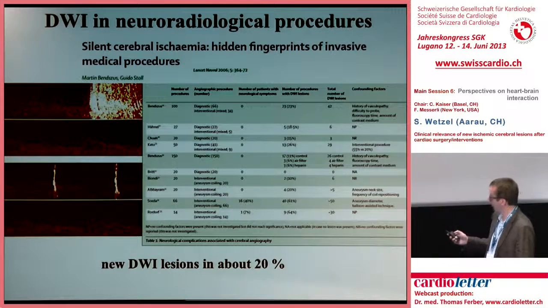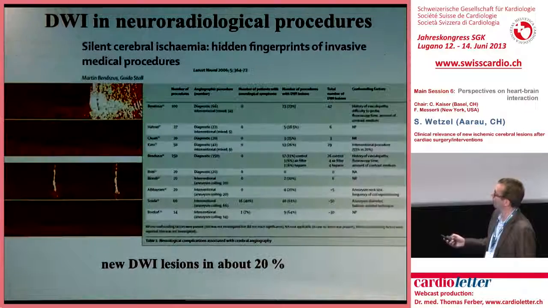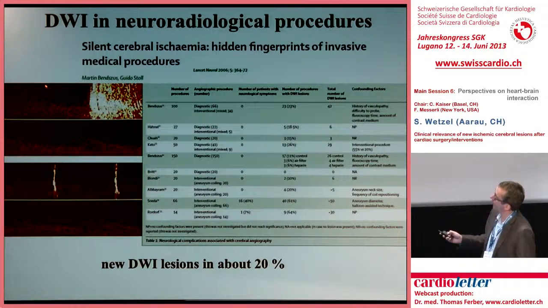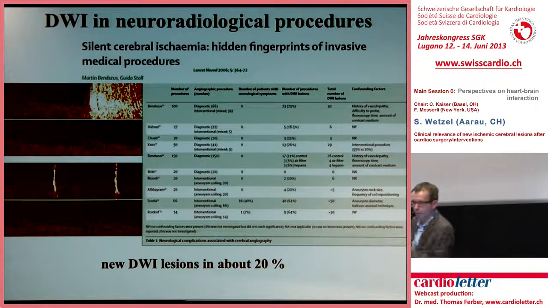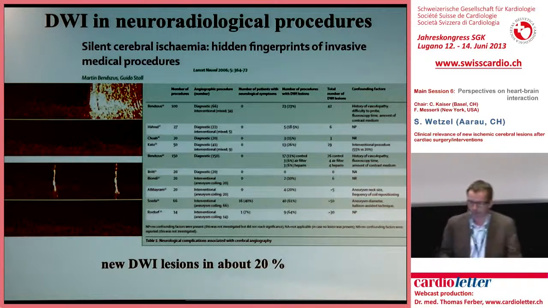These were small studies, and what you see here on the left is the measurement during an injection in a carotid artery with ultrasound, where you can see a shower of emboli, and here you see single events. Now, 1 out of 5 patients with cerebral angiography has a new DWI lesion.